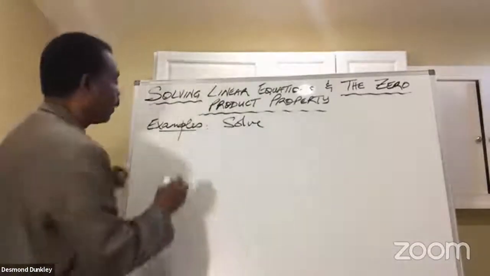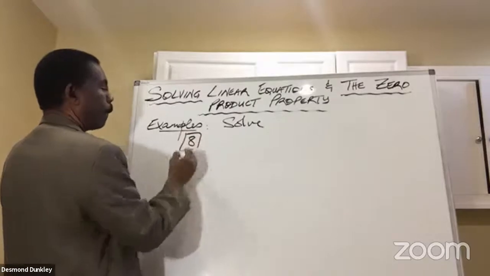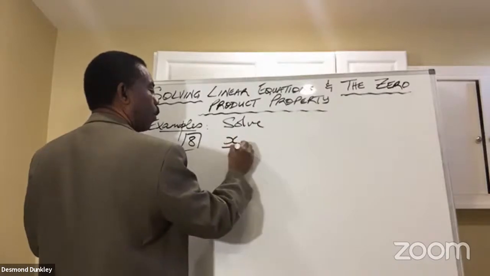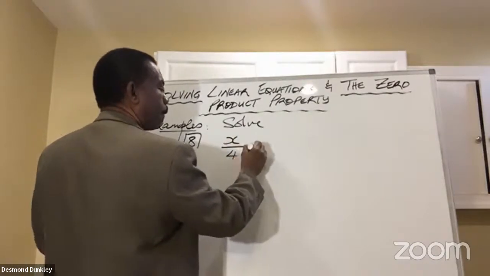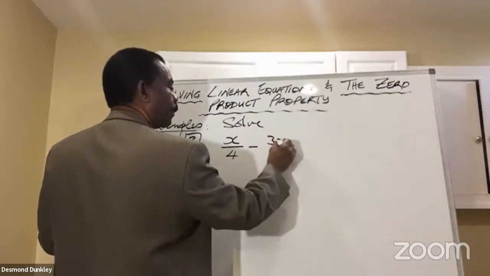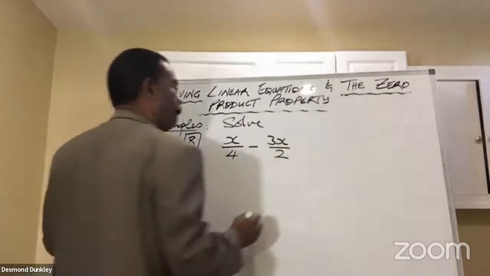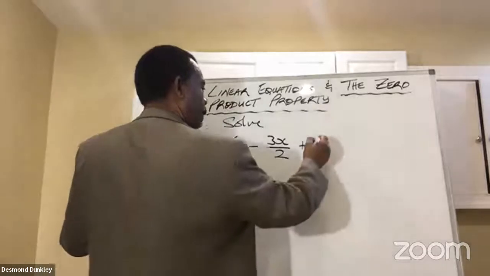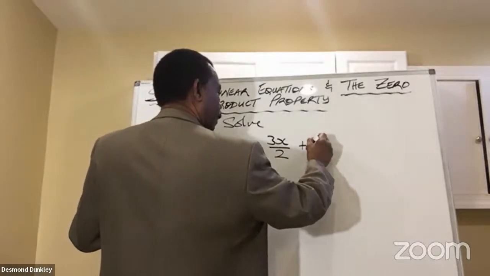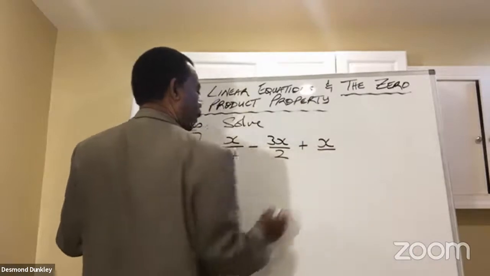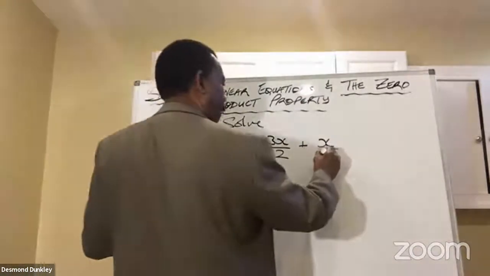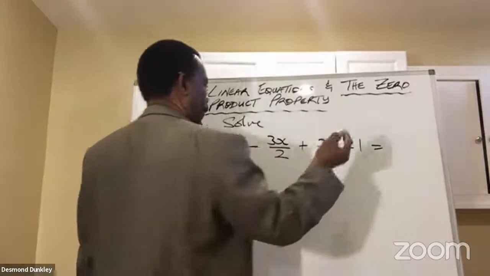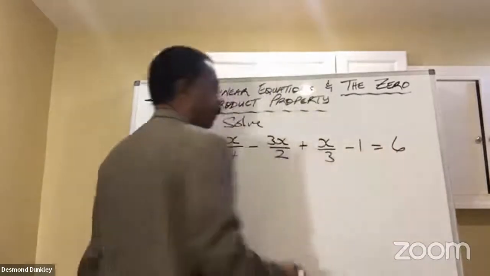So this is the last one, number 8. Solve x over 4 minus 3x over 2 plus x over 3 minus 1 equal to 6.